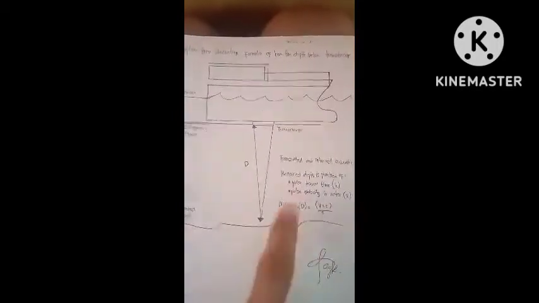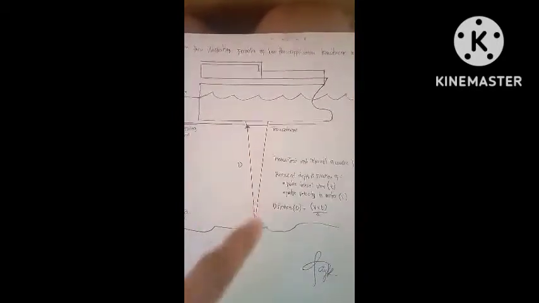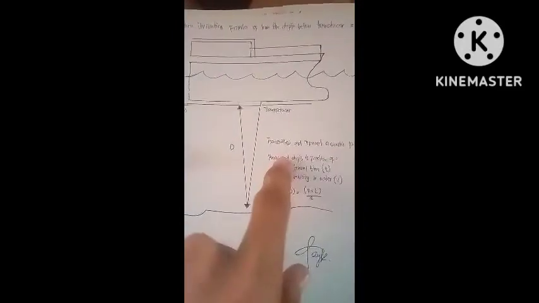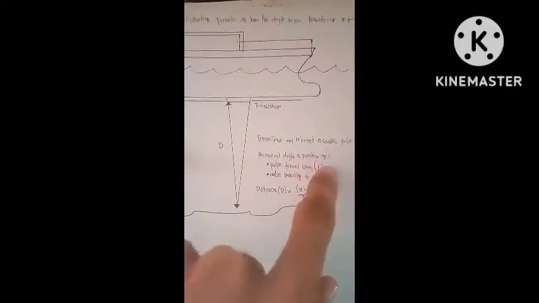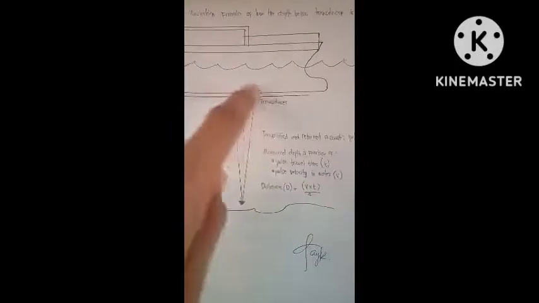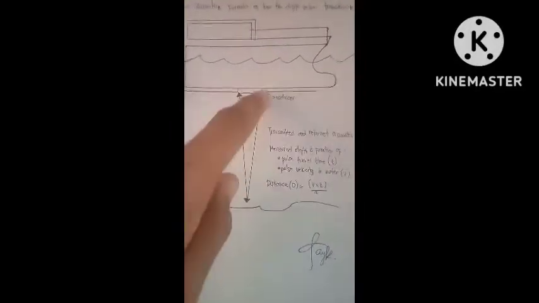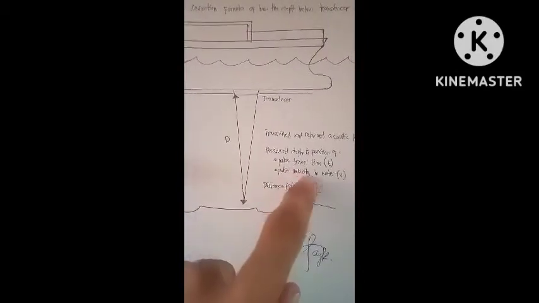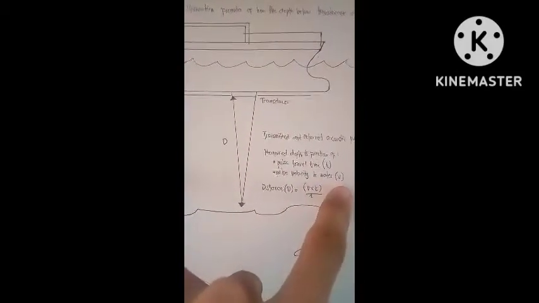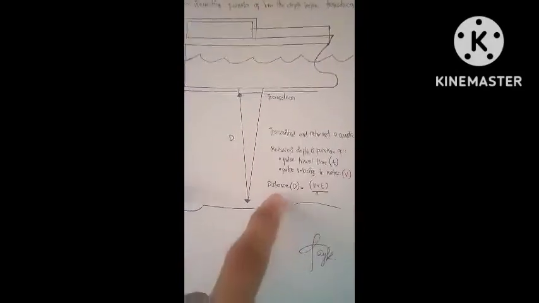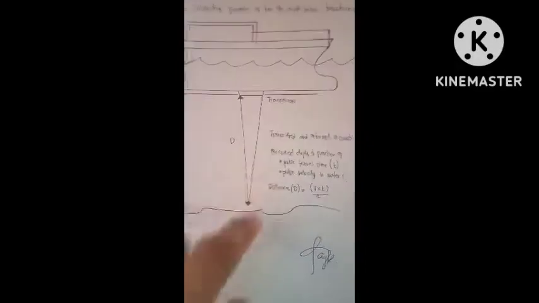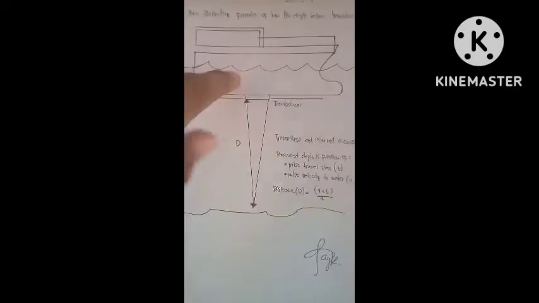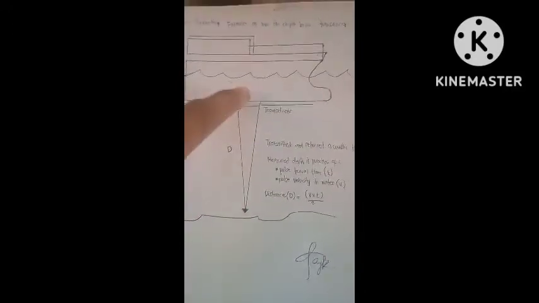The transducer transmits and receives an acoustic pulse, and it measures depth as a function of the pulse travel time. The pulse travels downward with velocity v in water, and the distance is that between the seabed and the transducer or the ship.